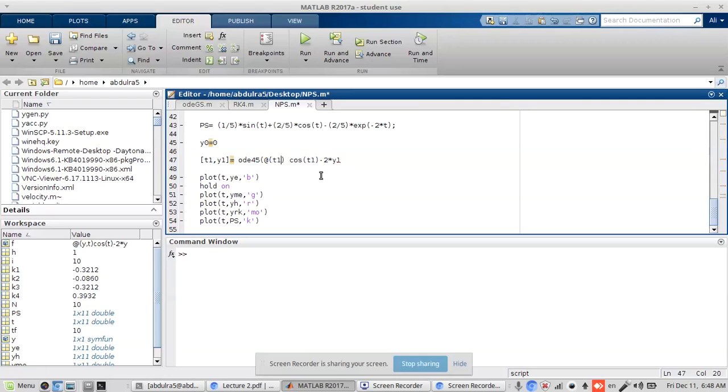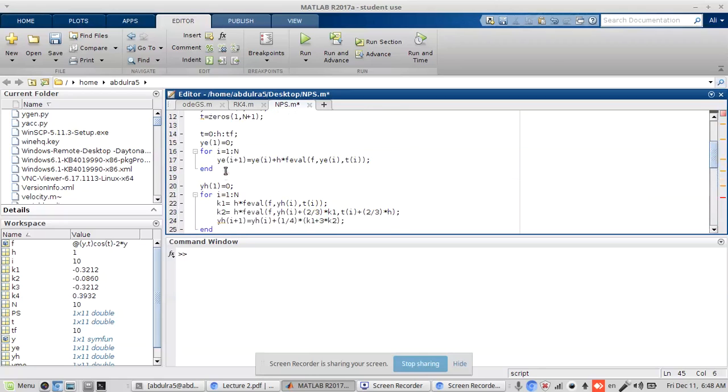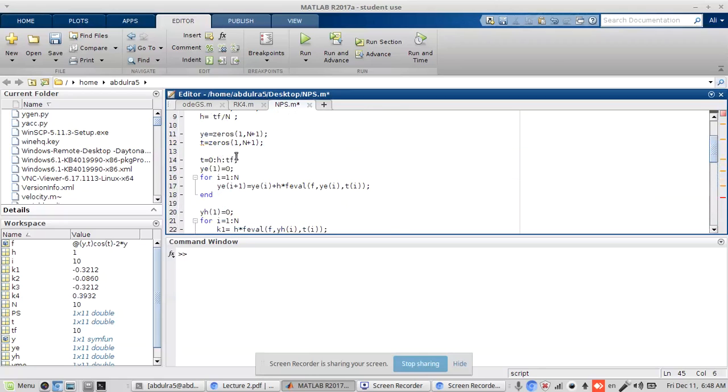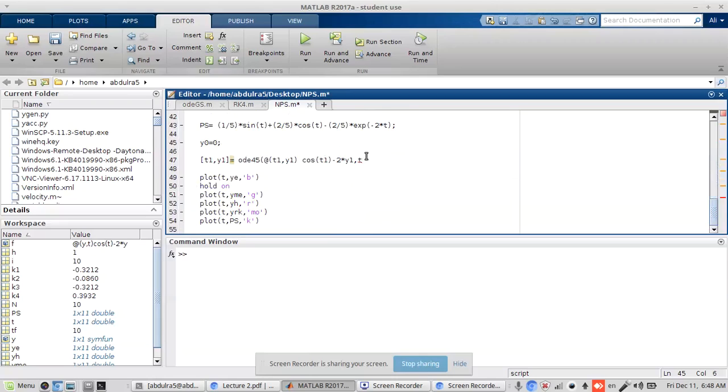Here T1, Y1. And here T-span, the same here. It starts from 0 and ends at T final. And the initial condition, y.